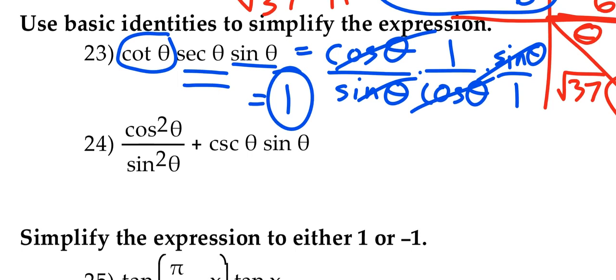All right. So, let's see here. What can we do with cosecant? 1 over sine.